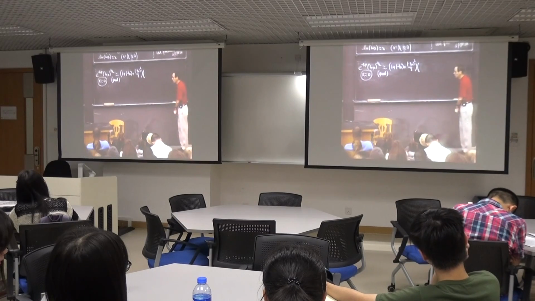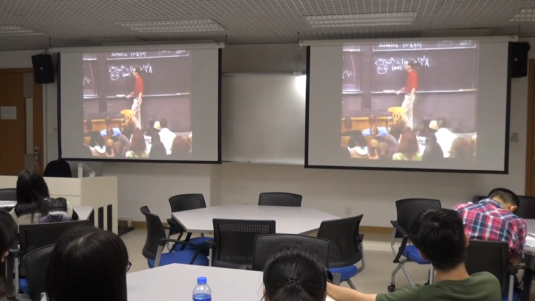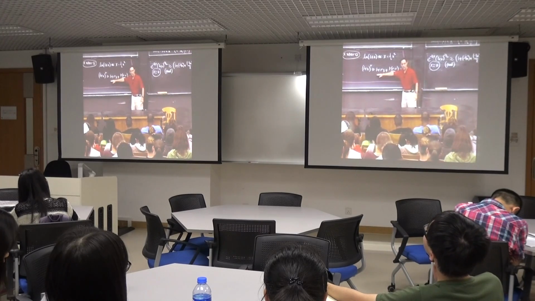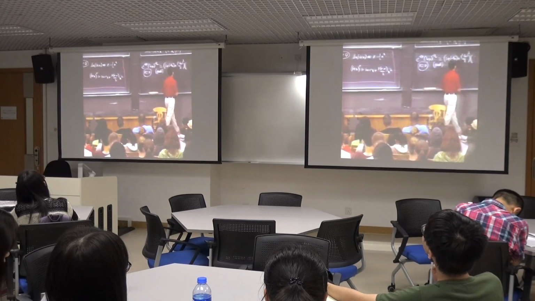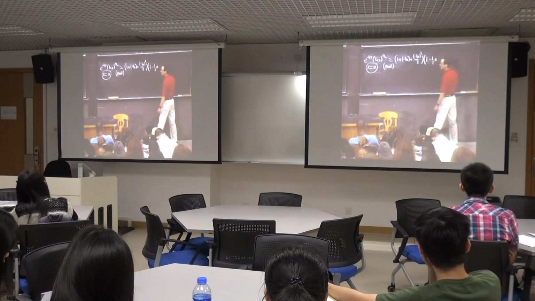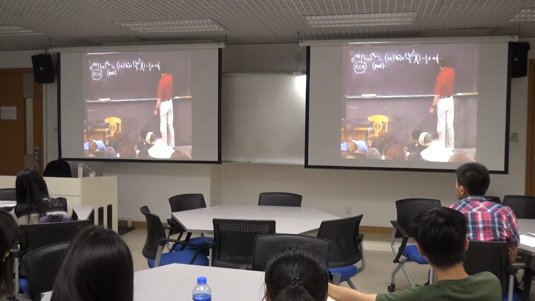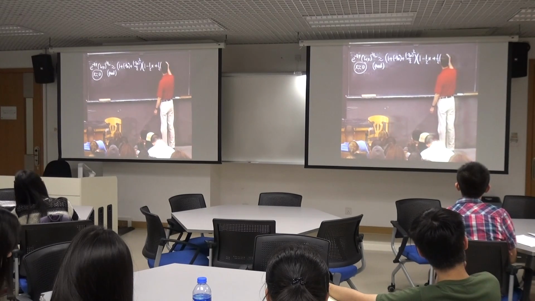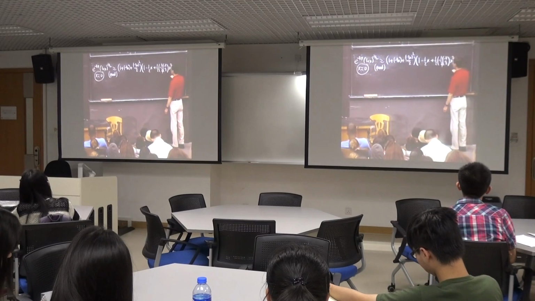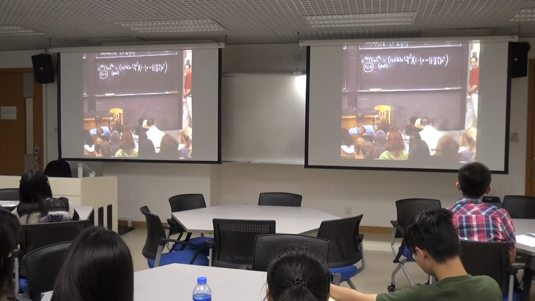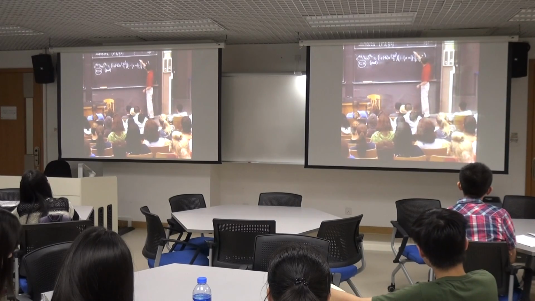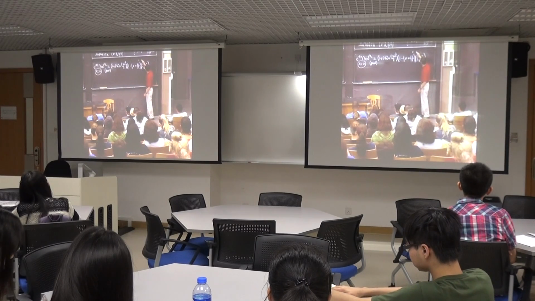For the other factor, I'm going to use this formula down here, because r is minus a half. So that's 1 minus a half x plus a half times minus a half times minus 3 halves x squared. So this is the r term, and this is the r minus 1 term.